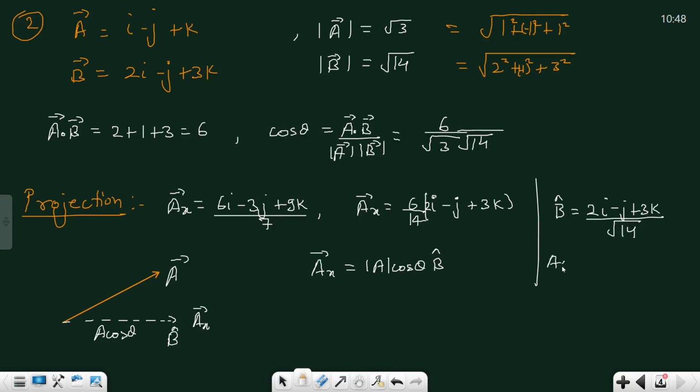A cos theta is A dot B divided by the magnitude of B. A dot B is 6 and the magnitude of B is root 14.